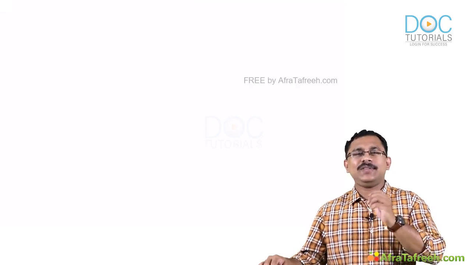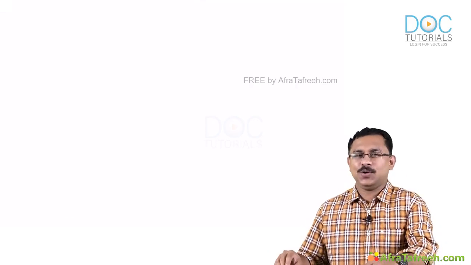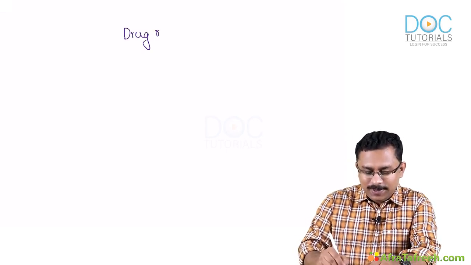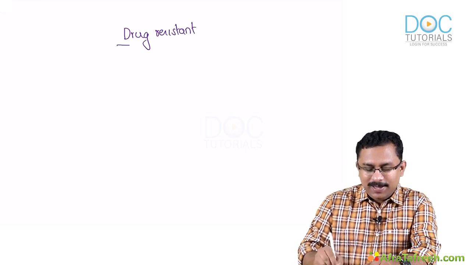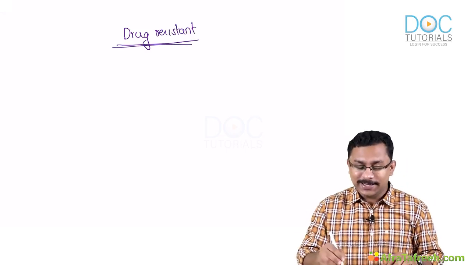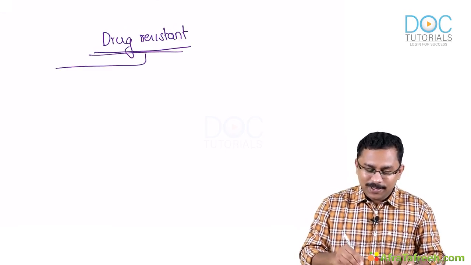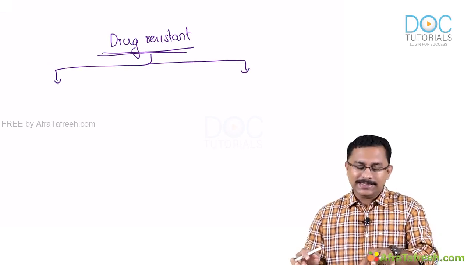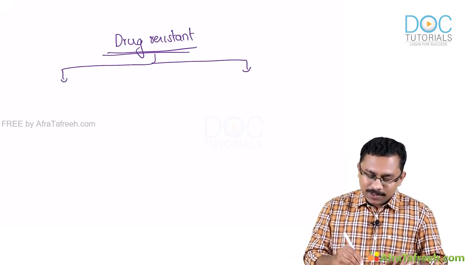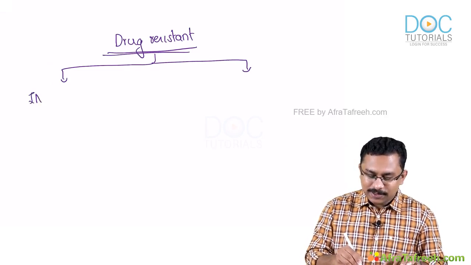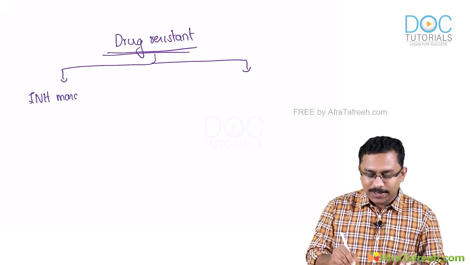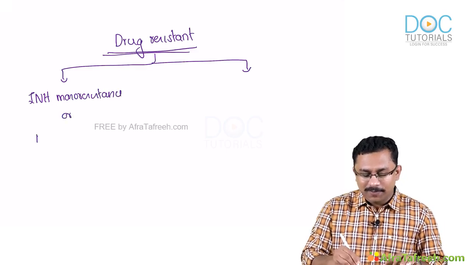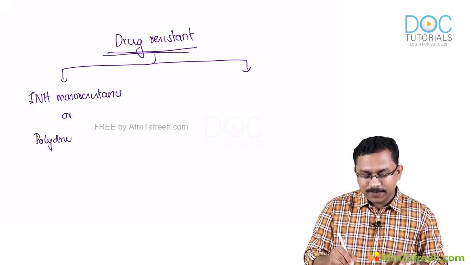Now, the treatment of drug resistant tuberculosis, you can again divide it from the treatment aspect, because the treatment for these two categories is going to be the same. One category is INH monoresistance, that is resistance to only INH, or polydrug resistance.